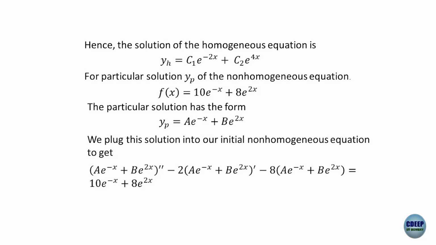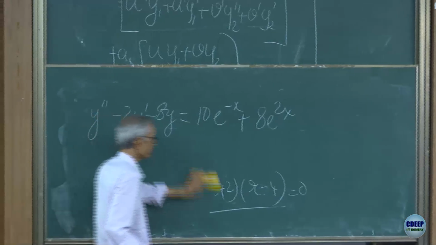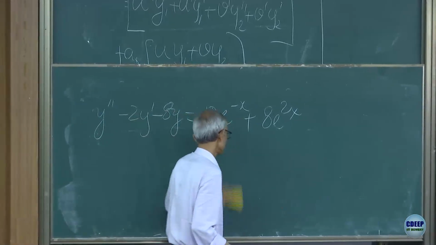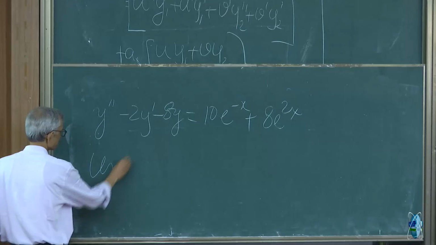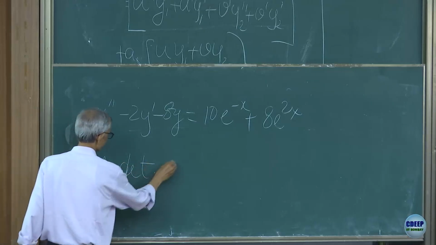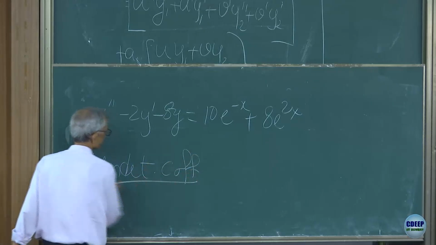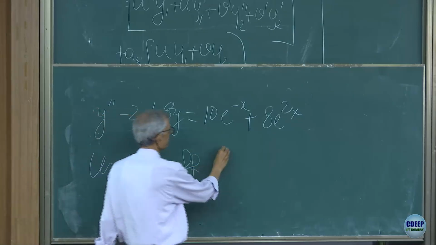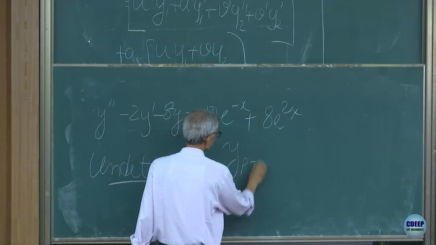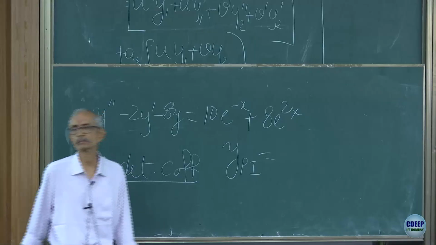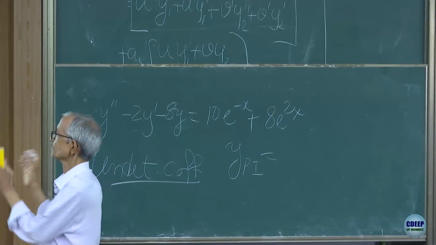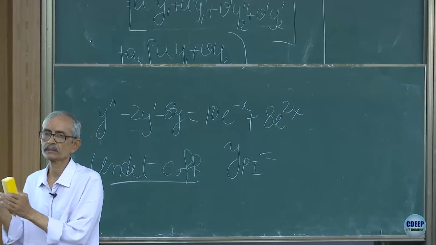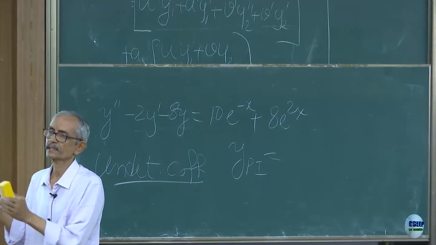Now what about the non-homogeneous part? Let us say that we are going to use the method of undetermined coefficients. So what should I guess my particular integral to be? What we have said is, you try to guess the same thing that is there on the right hand side.